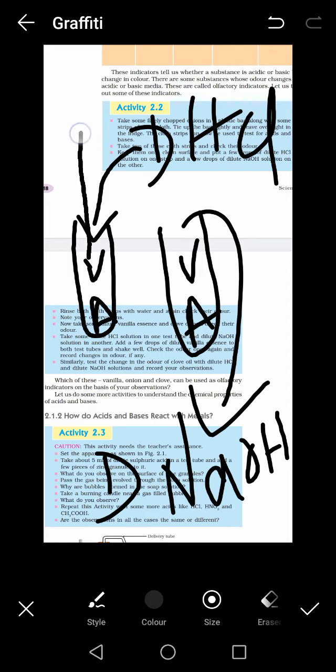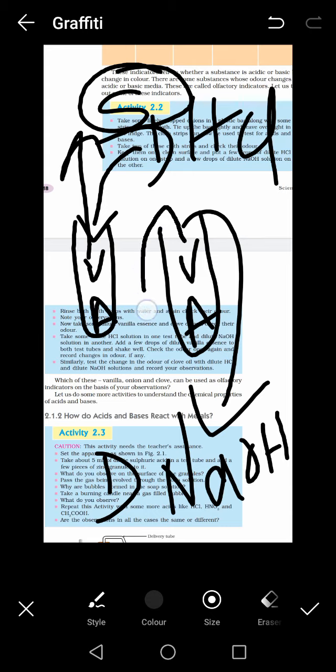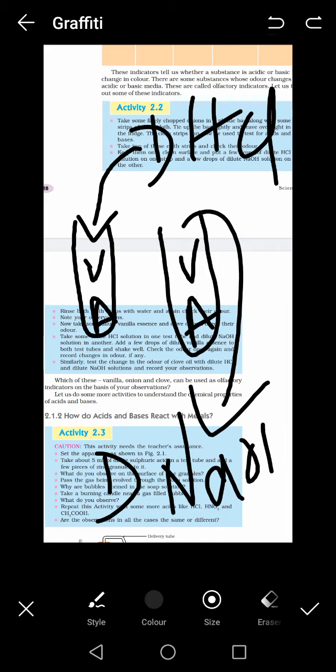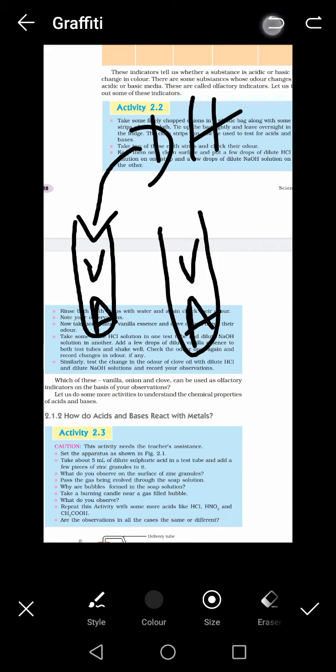In the first test tube we observe that the smell of vanilla essence remains the same. In the second test tube, where we added dilute NaOH, the smell disappears. So from this reaction we conclude that vanilla essence is also an olfactory indicator.